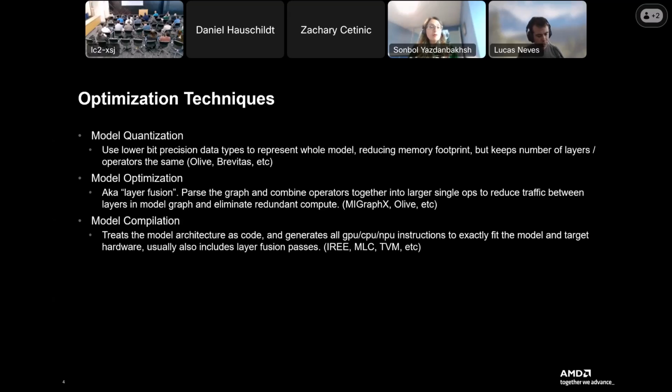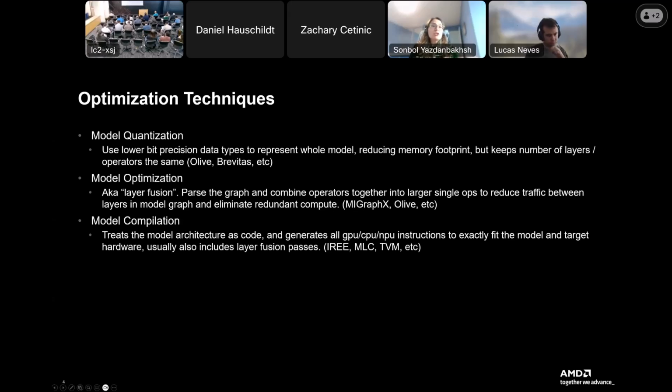The other optimization technique is model compilation. What it means is that we have a model architecture, we look at it as code, and we try to generate CPU, GPU, NPU instructions to fit the model and target the hardware.